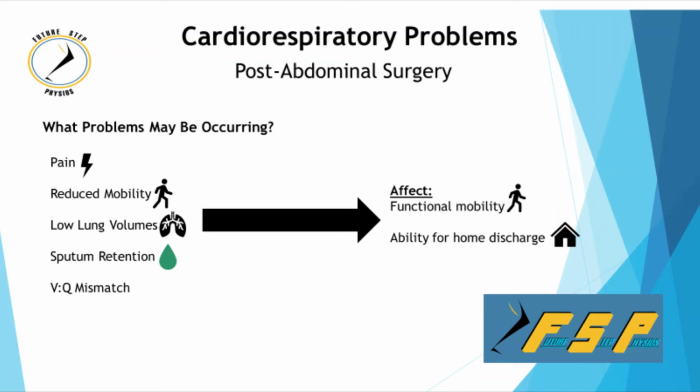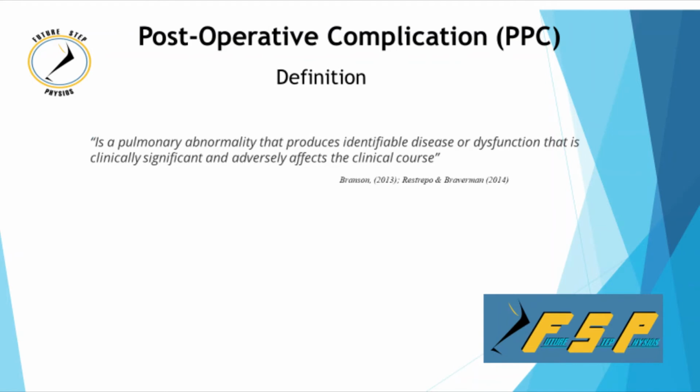VQ mismatch is another problem that we discussed earlier that patients can present with. These problems that I just discussed can affect the patient's functional mobility and their ability to discharge home. As physiotherapists, we need to optimize our patients' lungs, prevent them from attaining a post-operative pulmonary complication, and discharge them home earlier to reduce their length of hospital stay.